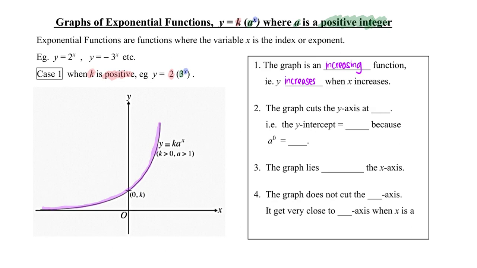Okay. Second point to take note would be that it cuts the y-axis here at 0, k.